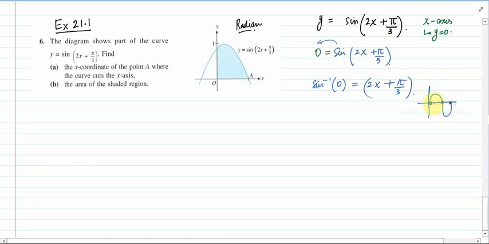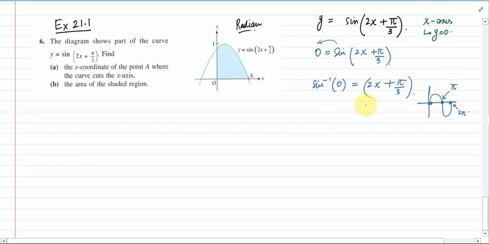At 0, sine is 0, at 180 sine is 0, and at 360 sine is 0. In terms of pi, 180 is pi, and 360 is 2 pi. Sorry, it's not pi by 2, sine is 0 at 180. So it's 0, pi and 2 pi.